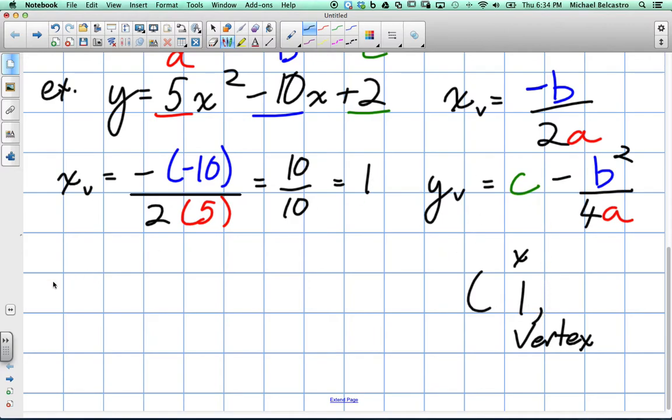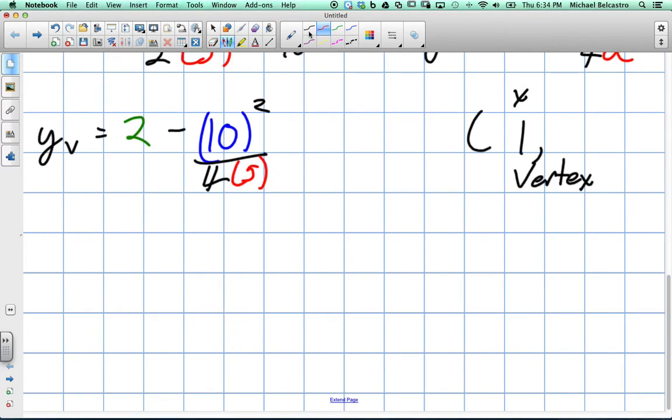Okay, and to find the y value of the vertex, we plug in our c. Well, our c is the number 2. Okay, and we subtract our b, which is 10. Okay, and that 10 is going to be squared and divided by 4 times our a value, which is 5. Okay, and simplify that here. That becomes 2. 10 squared is 100.